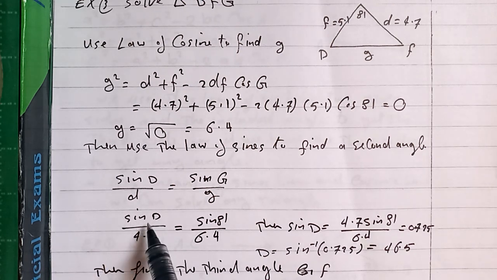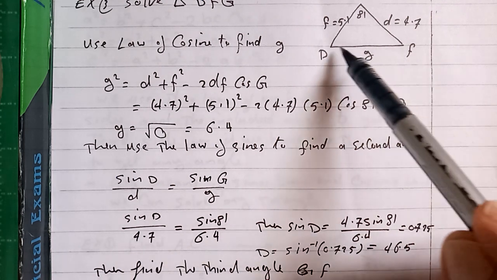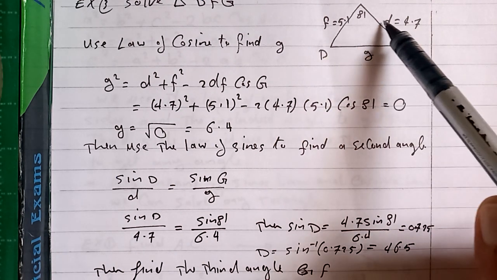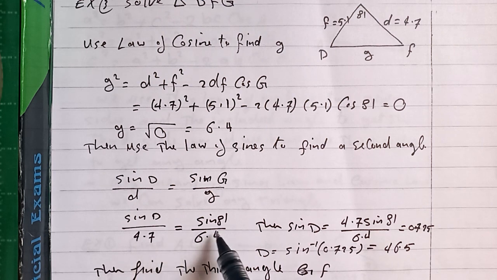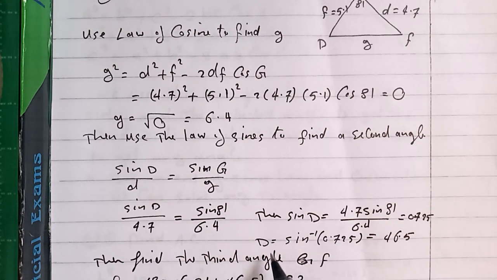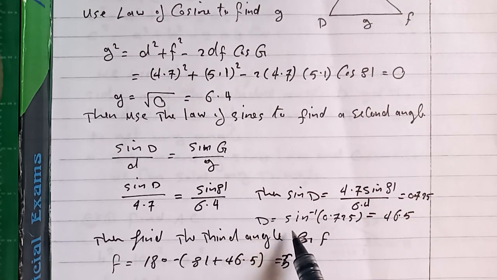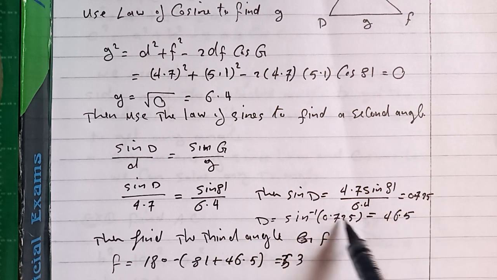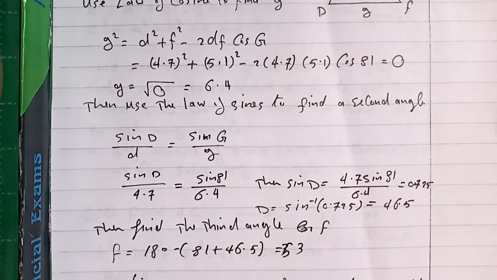Sine D, you don't know it because you don't know this angle, but you know d is the opposite side of the capital D. It's 4.7 equals sine G, you know G, which is 81, over 6.4. Cross multiply, so sine D is equal to this times this divided by this, 0.725. This is the sine, and then get the angle by getting sine inverse of this number, it will be 46.5.